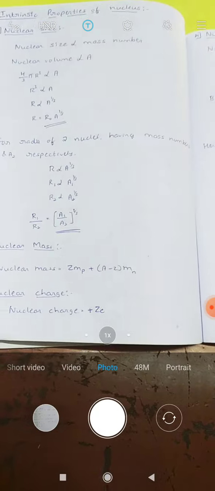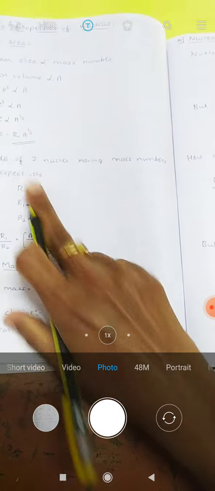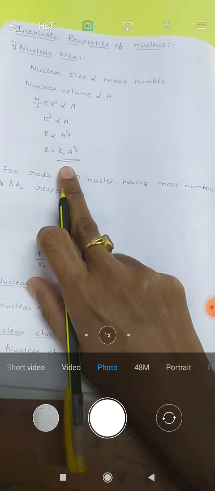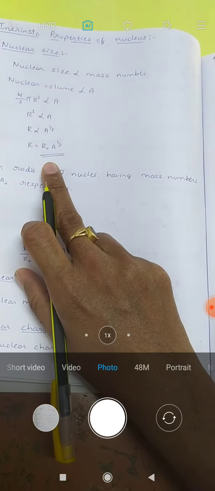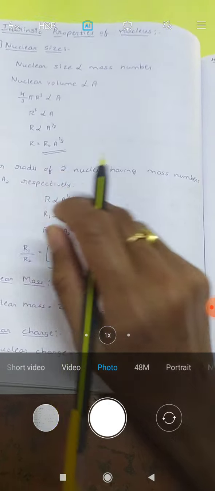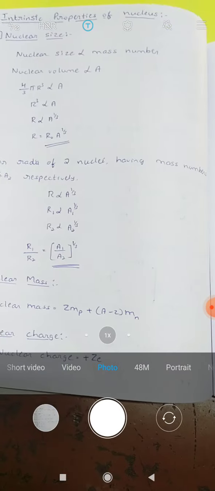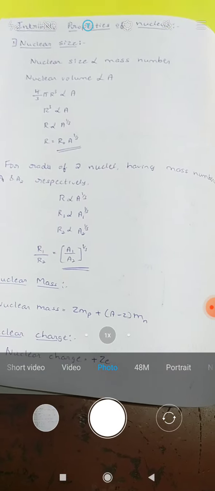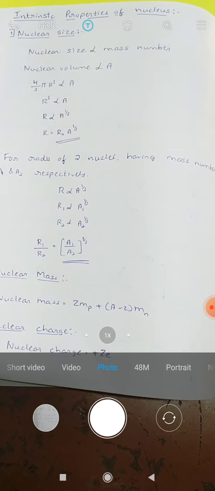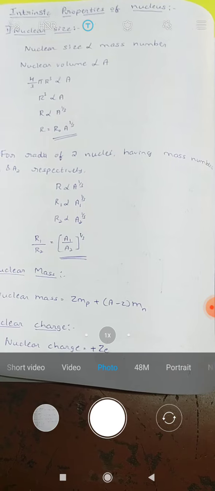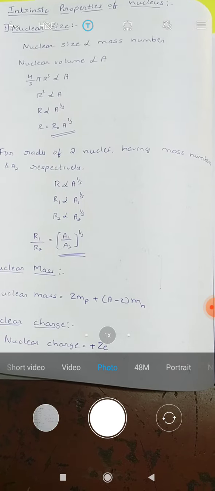Here we introduce one constant of proportionality, that is r naught. Where r naught is the constant, its value varies from 1.0 femtometer to 1.5 femtometer. Femtometer means 10 to the power of minus 15 meter.